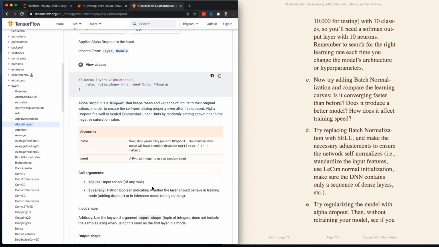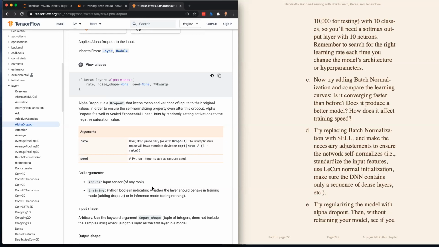Alpha dropout is a dropout that keeps mean and variance of input to their original values in order to ensure that self-normalizing property even after this dropout. Alpha dropout fits well to scaled exponential linear unit by randomly setting activation to the negative saturation value. I'm not sure what that is.